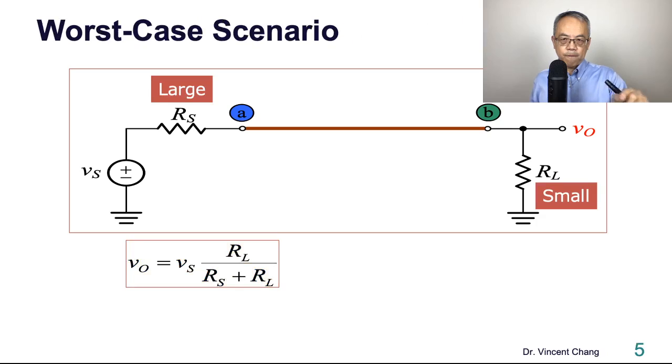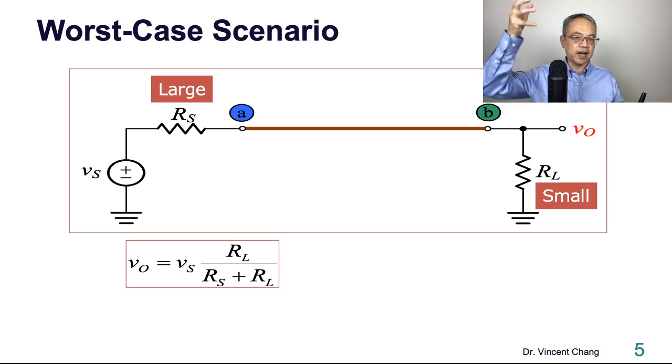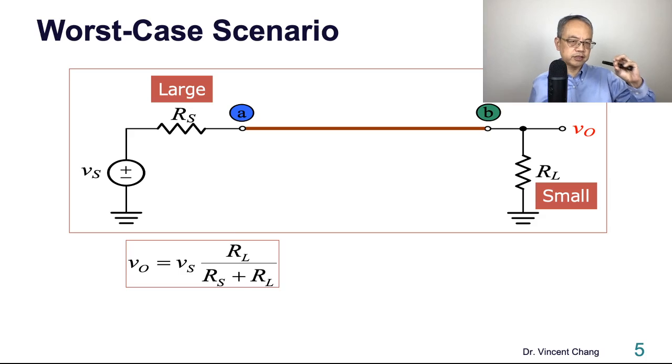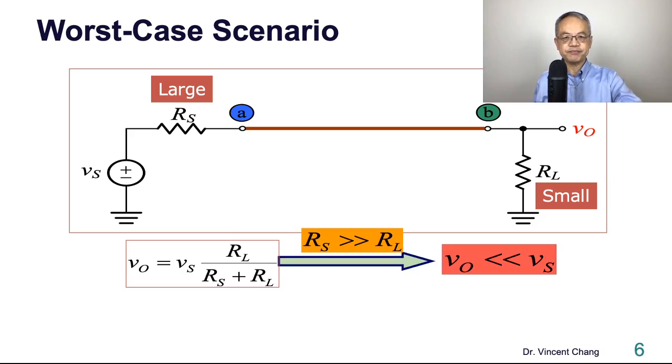So, what's the issue? Let's consider a worst case scenario: a high internal resistance, but very low load resistance. When the source resistance is high, but the load resistance is low, then you have a very large denominator, but a very small numerator.